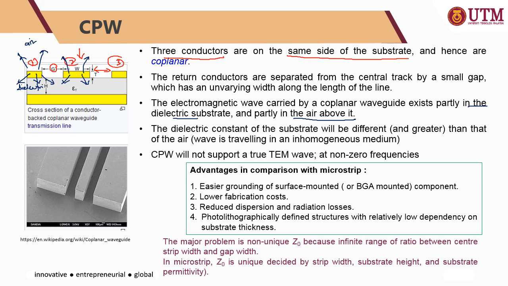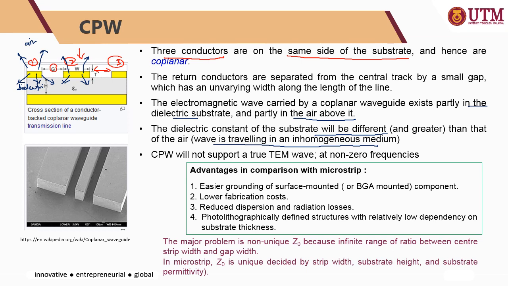So the dielectric constant of the substrate will be different and greater than the air in which the wave is traveling, as in an inhomogeneous medium. Okay, inhomogeneous medium has been discussed in the previous slides.